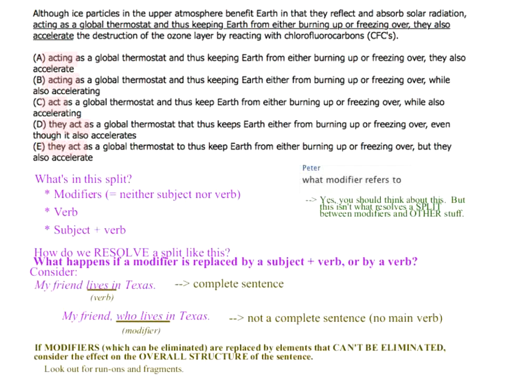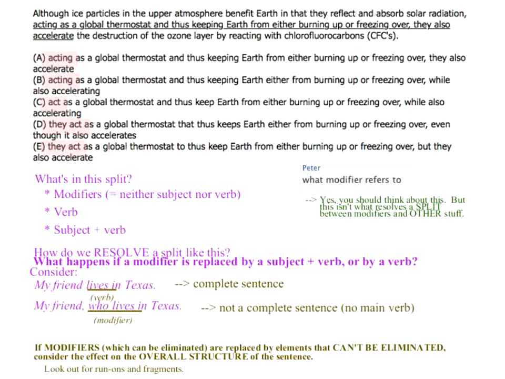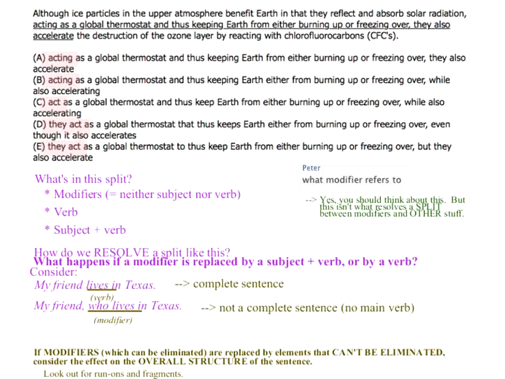But again, you don't always want a verb. It depends on what's in the rest of the sentence. I could also make an example where you would want it the other way around. If you said something like, "my friend is a sales manager who lives in Texas," versus "my friend is a sales manager lives in Texas."